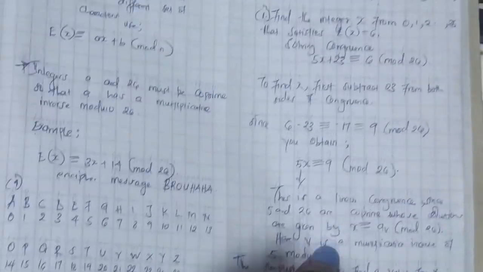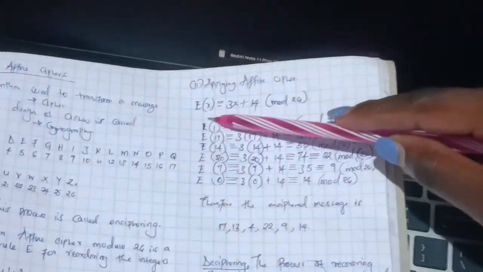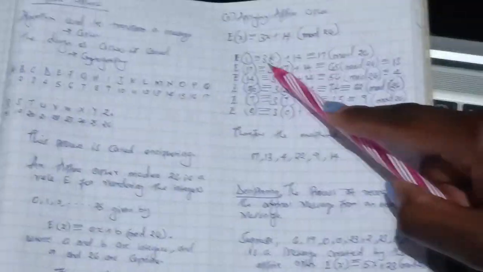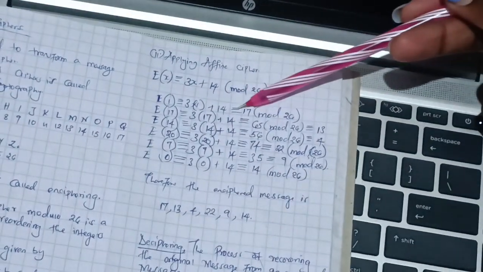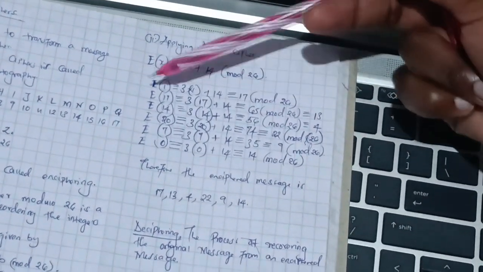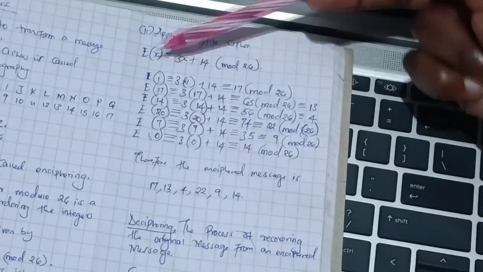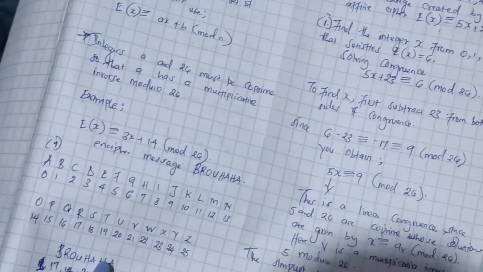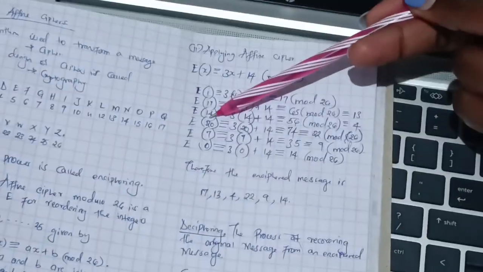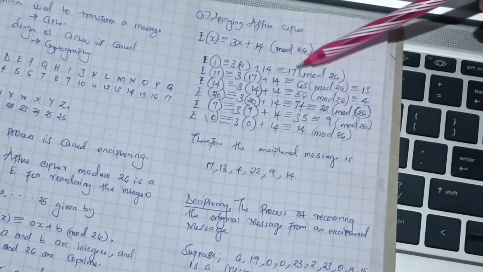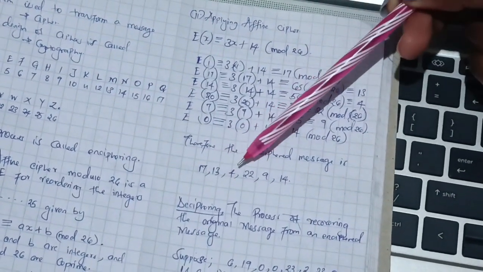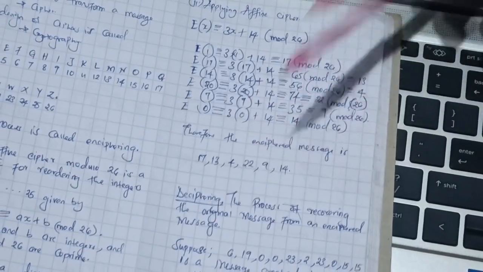E(1) for the letter B will be congruent to 3 times (1) plus 14, which is congruent to 17 modulo 26. That will follow for every other letter: the number 17 for the letter R, number 14 for the letter O, and so on. At the end, it will be 17, 13, 4, 22, 9, and 14.